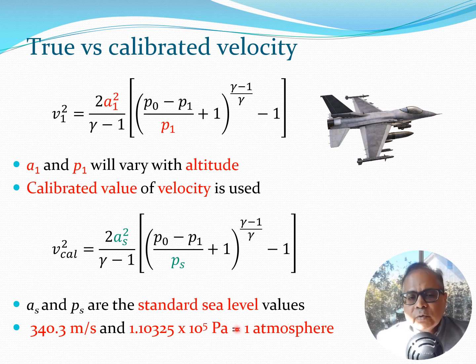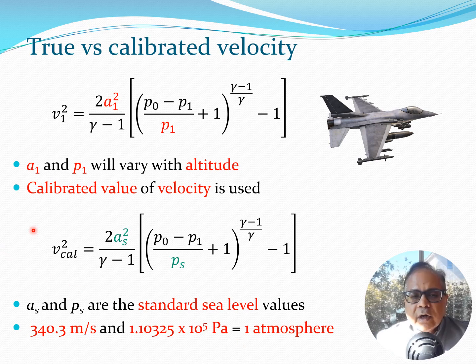Now, some people use the term atmosphere also. You will hear it used in many books and so on. Sometimes when we talk about 1 atmosphere pressure, we mean essentially this pressure here, 1.01325 into 10 to the power 5 pascals.